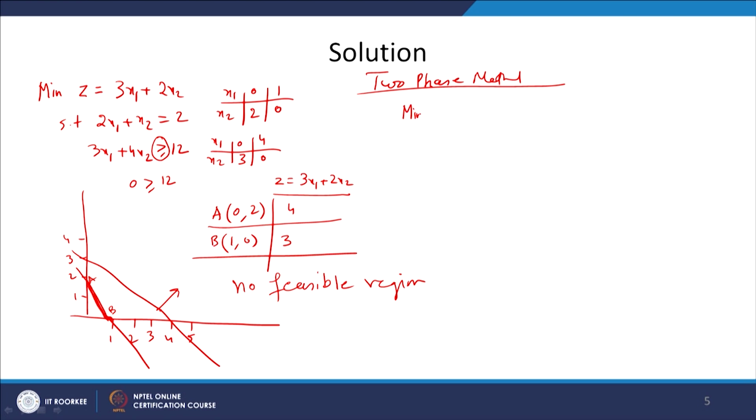So, the given problem minimize z is equal to 3x1 plus 2x2 has to be converted into the maximization type by multiplying with the negative sign, and the constraints, that is 2x1 plus x2 is equal to 2. Similarly, 3x1 plus 4x2 is equal to, because now this is greater than, so for greater than we need to subtract a surplus variable and make it an equality.